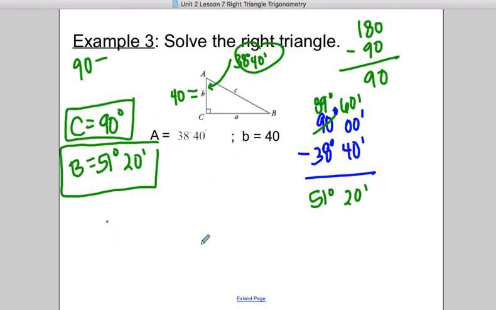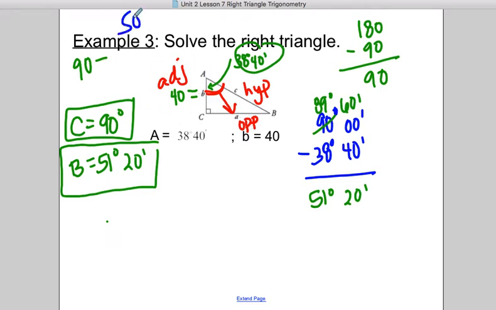So now I have to find the other sides. I need to find side C and side A. I was given angle A, so this is going to be my opposite, this is my hypotenuse, and this one will be my adjacent. I'm going to find A first. I have my opposite and my adjacent.